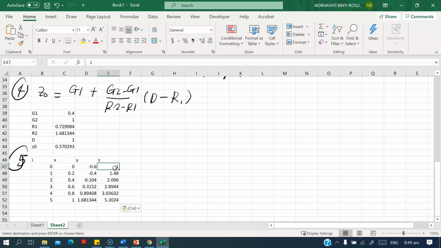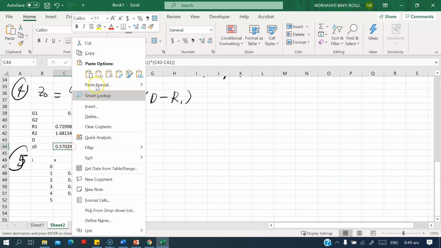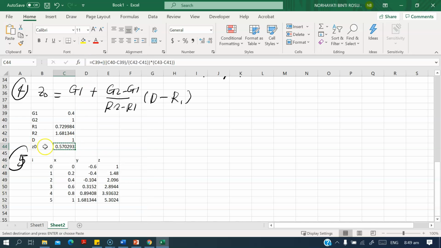When I change this Z0 to this one, I copy this, which is our extrapolation Z0, and paste as a value. You can see now all the calculation will be changed, and you check. This is your last value.